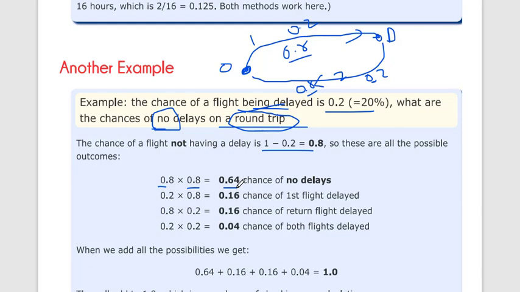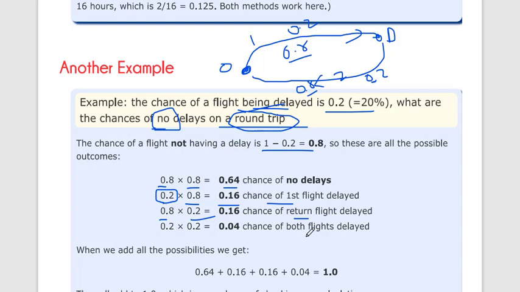Let's say the chance of the first flight being delayed is 0.2, and the second flight remains on time, no delay, so it's 0.8. So a 16% chance that the first flight will be delayed. The same for the return flight: first flight no delay 0.8, second time delay 0.2, 16%.